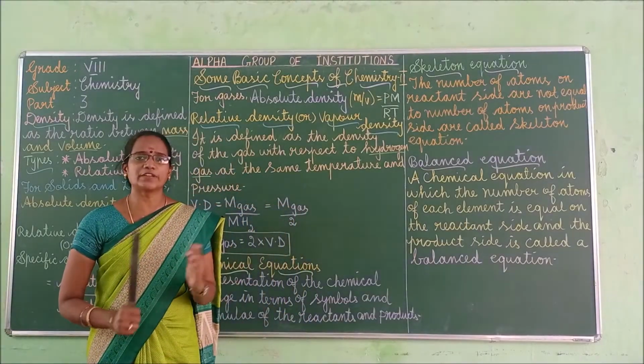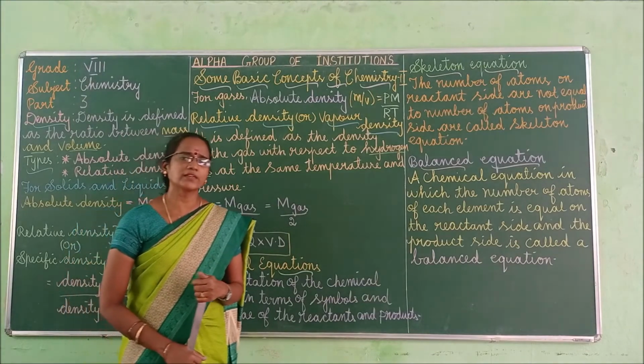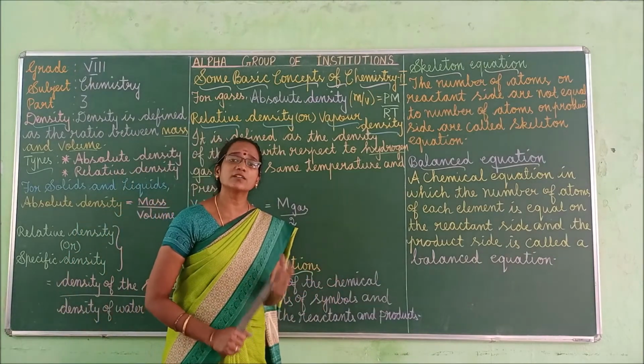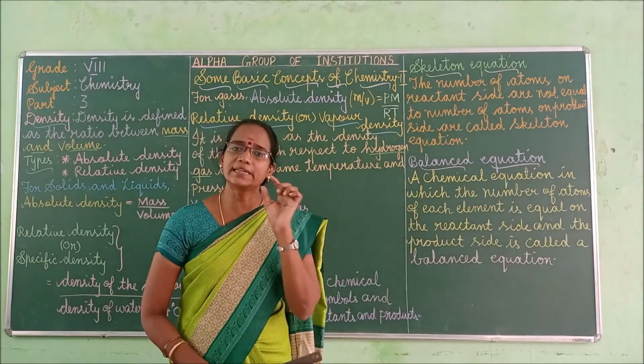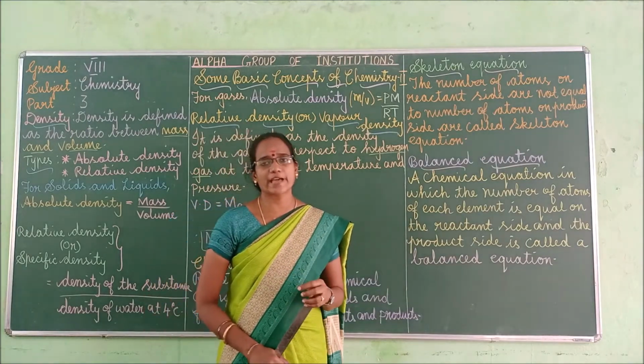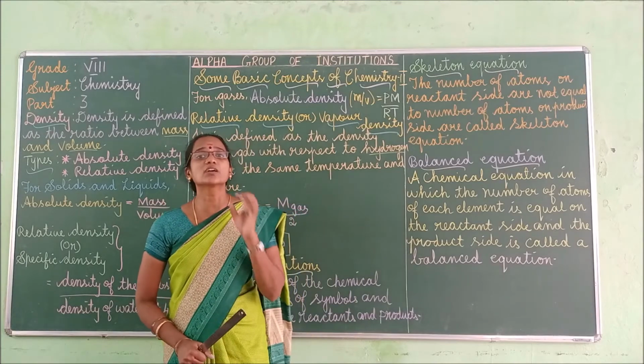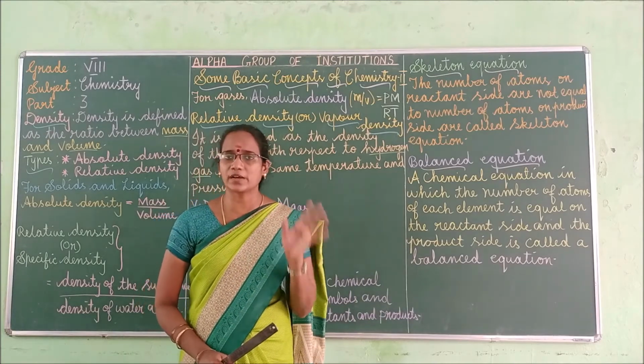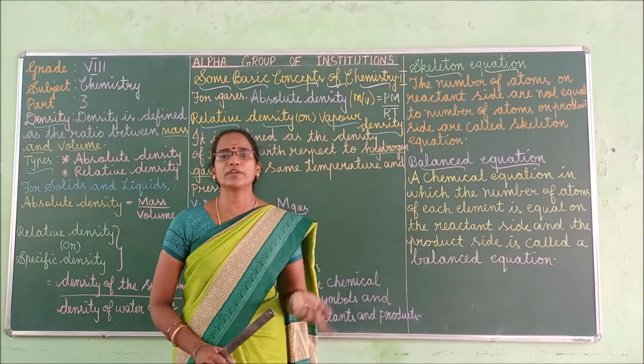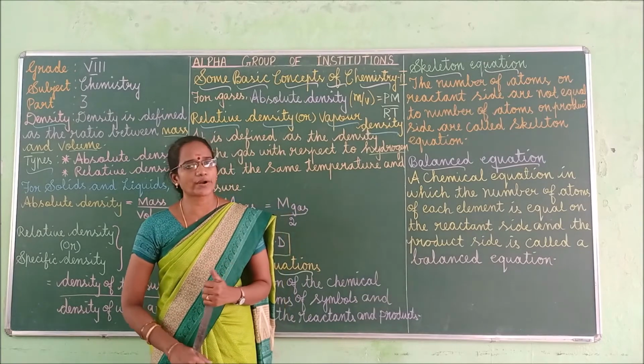What is the difference between reactant and product? Reactants are substances that take part in the chemical reaction, whereas products are substances that are formed in the chemical reaction.